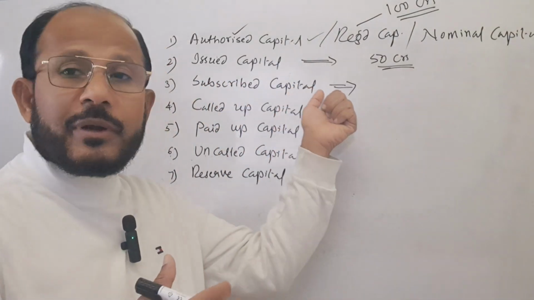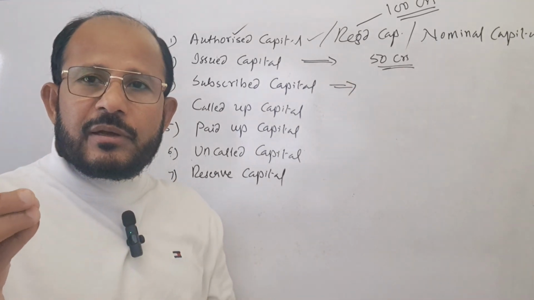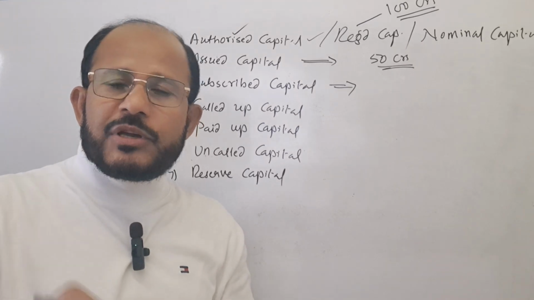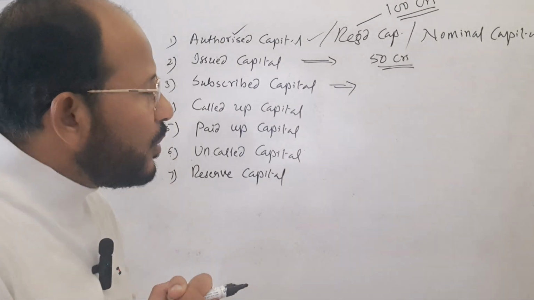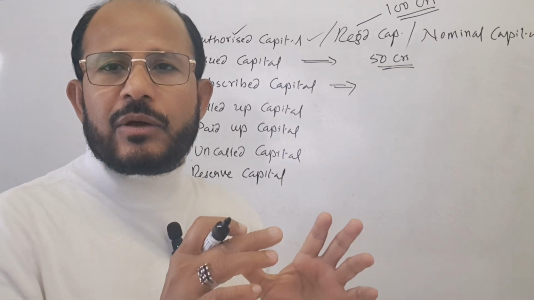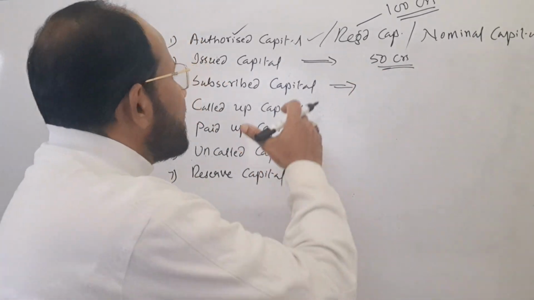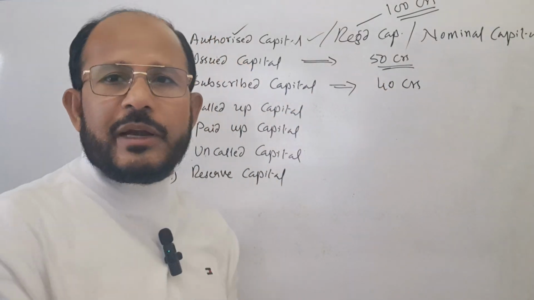Subscribed capital means the number of shares which are subscribed by the shareholders, and that total amount is called subscribed capital. Assume the company has a plan to sell shares worth rupees 50 crores, but the subscription by the public is only 40 crores. That possibility is there.